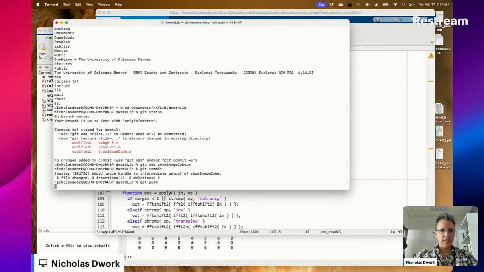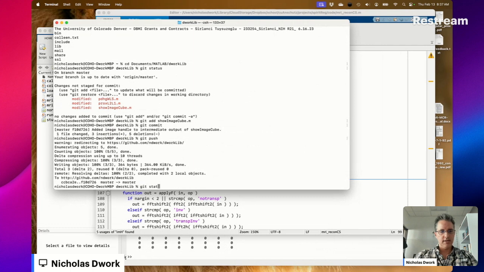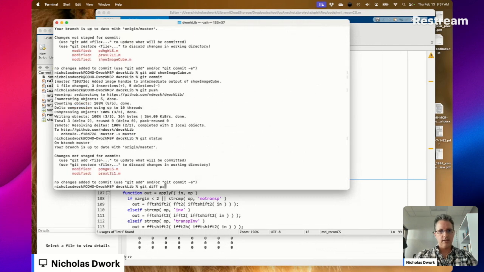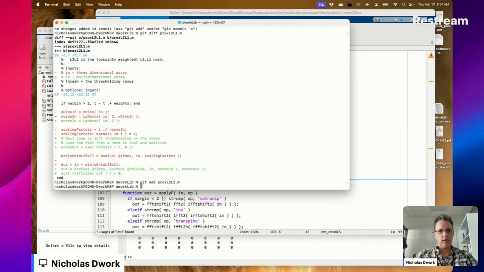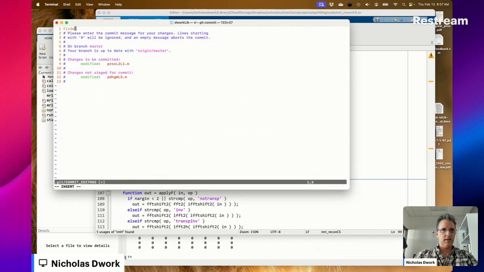The description takes more characters than the actual change. Fix a bug, so prox L2 L1 now works on a major bug.